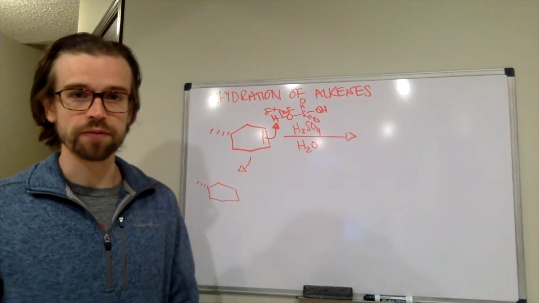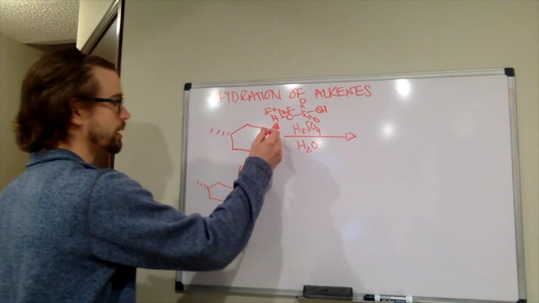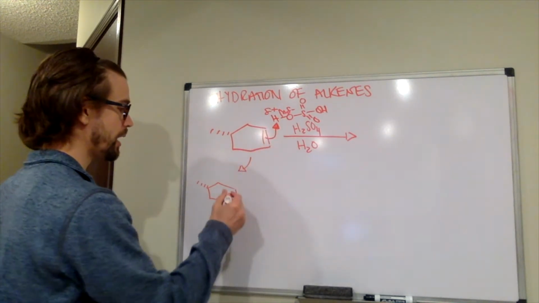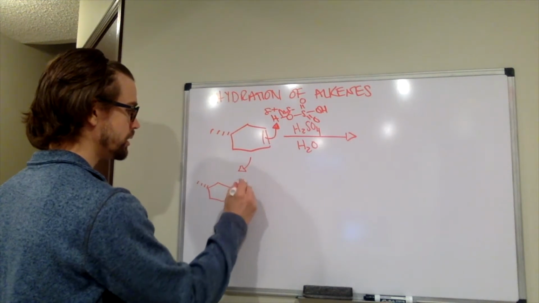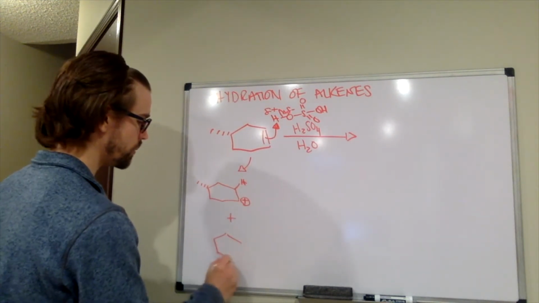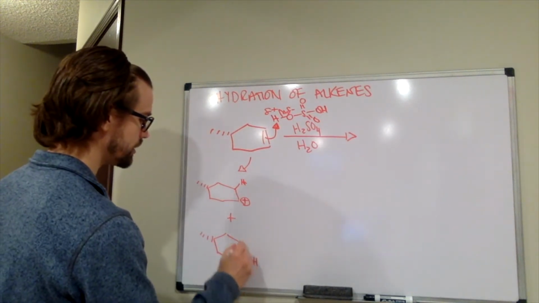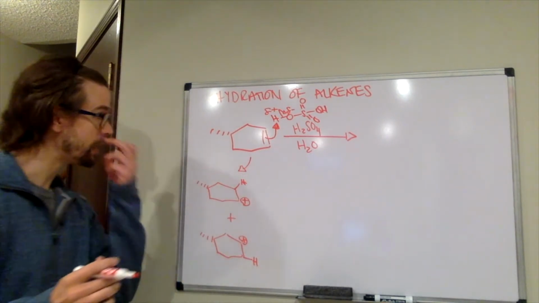Is there going to be a preference for side here? In this case, the answer is no. It would be a secondary carbocation on that side, secondary carbocation on that side. So we're going to have hydrogen to one side, carbocation on the other side, and we would also form a roughly equivalent amount of the hydrogen on this side, the carbocation on that side.